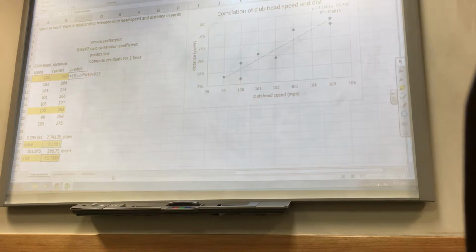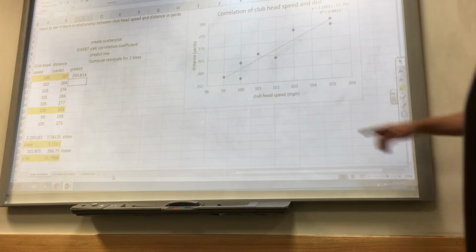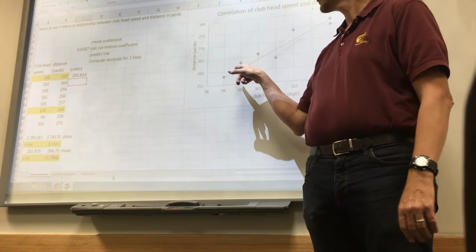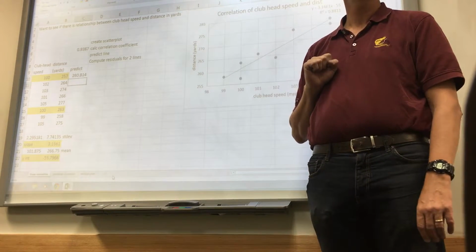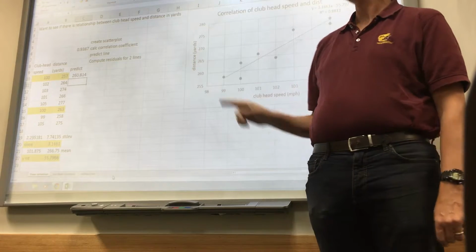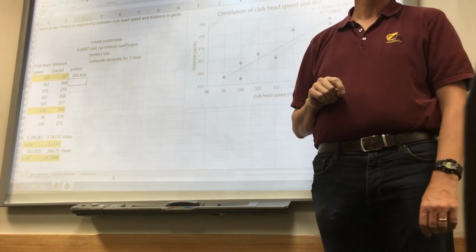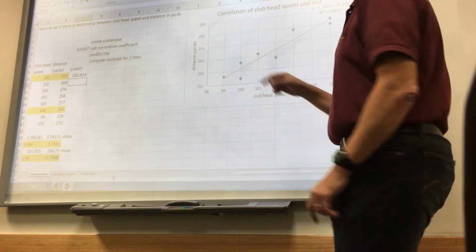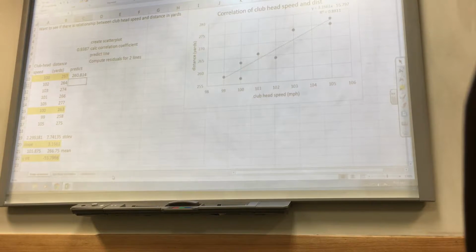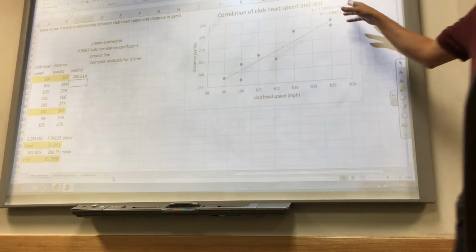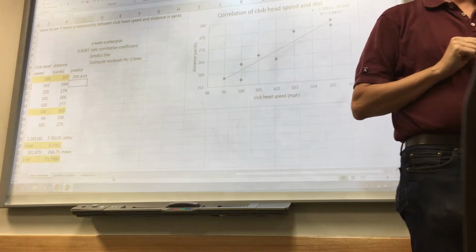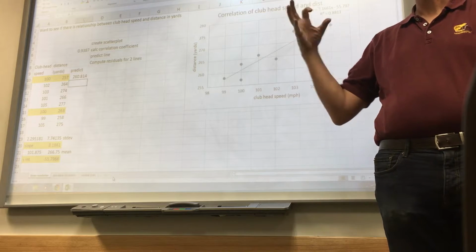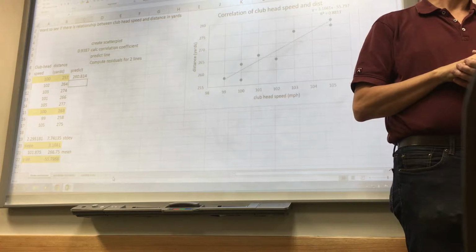So, according to my line there, I would have predicted that that ball would have gone 260.8 yards, so about 261 yards, which is right smack dab in the middle. Now, one time it went farther than that, one time it went less than that. So what we're saying is this equation here is good enough to predict 88% of the variation, which means 12% of the variation is unexplained.